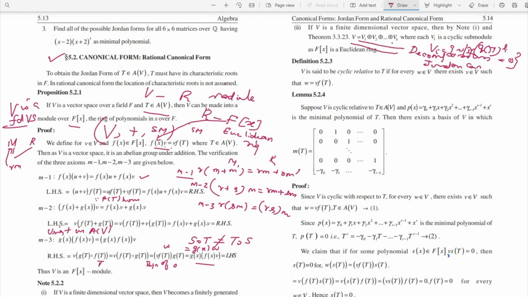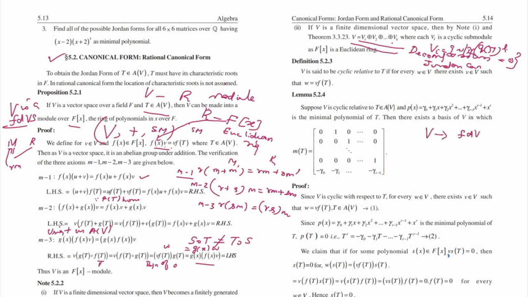In that case, Vi's are described in this way, kernel of this transformation, like that we have in the case of Jordan canonical form. So throughout this section, it has to be remembered that our V plays both roles. It is a finite dimensional vector space as well as a finitely generated F[x] module. It plays both roles.